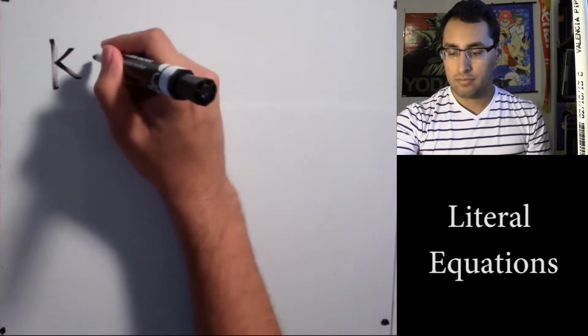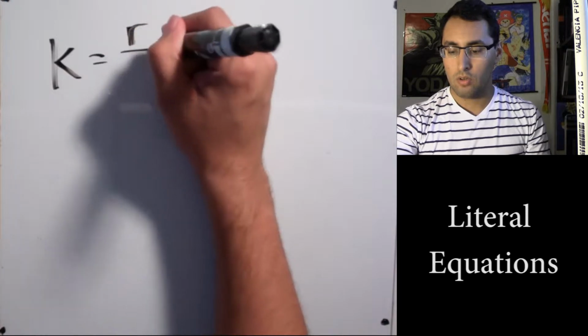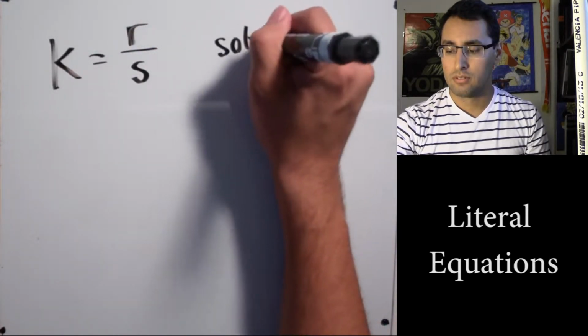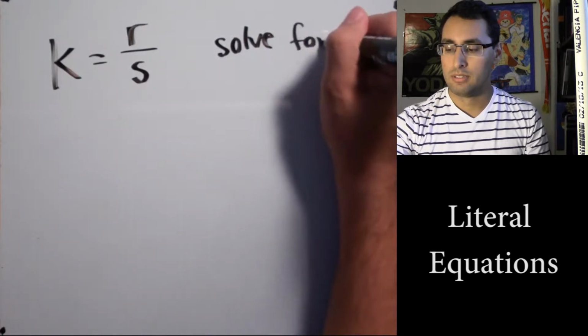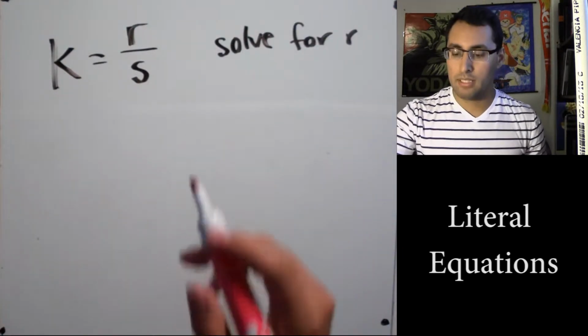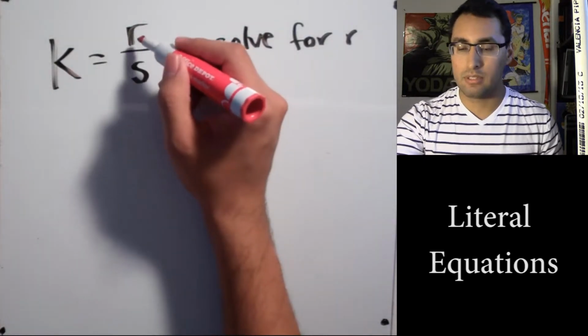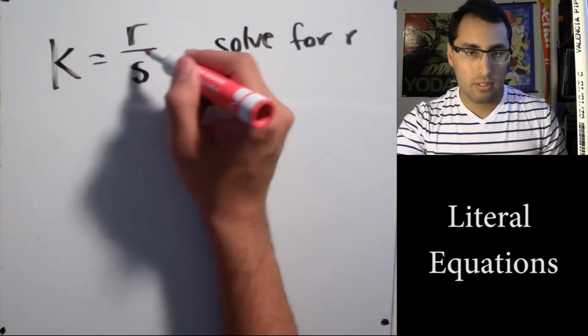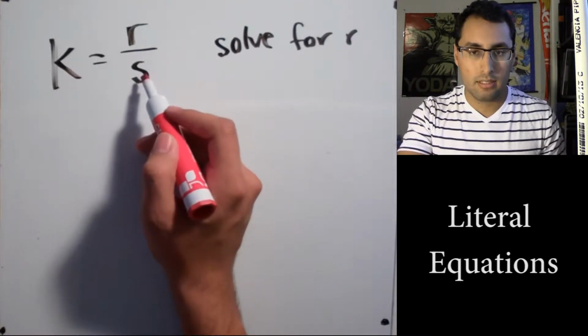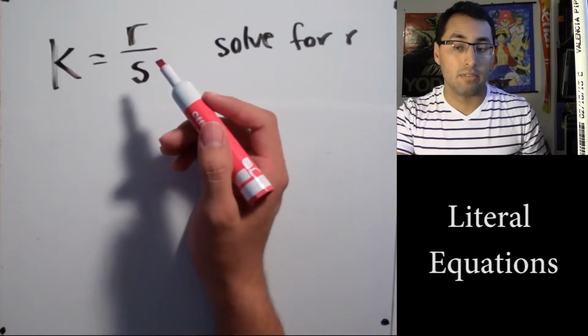We now have K equal to R over S. In this case, we're going to solve for R. Ask yourself the question, what is S doing to this R? Well, it's written as a fraction, and that fraction means divide. So actually this S is dividing R. What's the opposite of that?